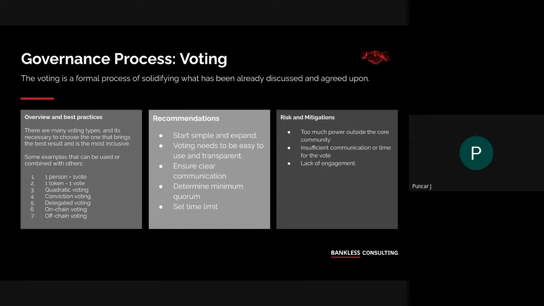There's another type, delegated voting. That's where the community decided to trust some group of people to vote on their behalf. From my perspective, I'm a big supporter of delegated voting.